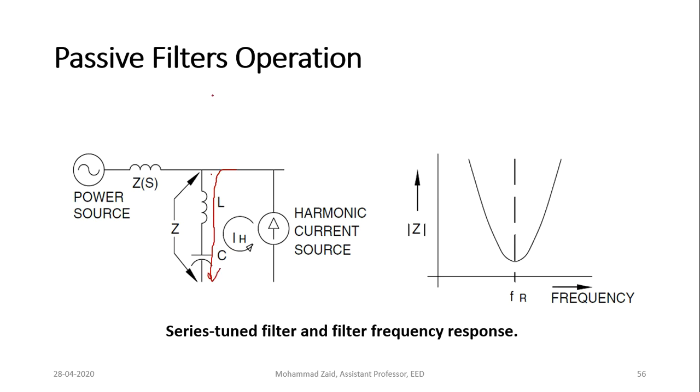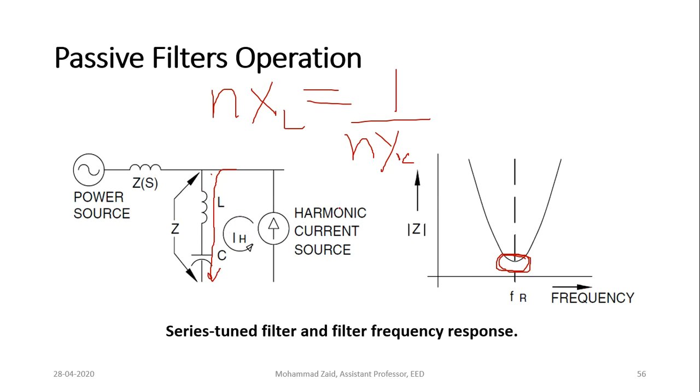The condition is that this equation should be satisfied, that is n times XL is equal to 1 over n times XC. If this is satisfied, then this point is achieved. That means this is the series resonant frequency of this branch.